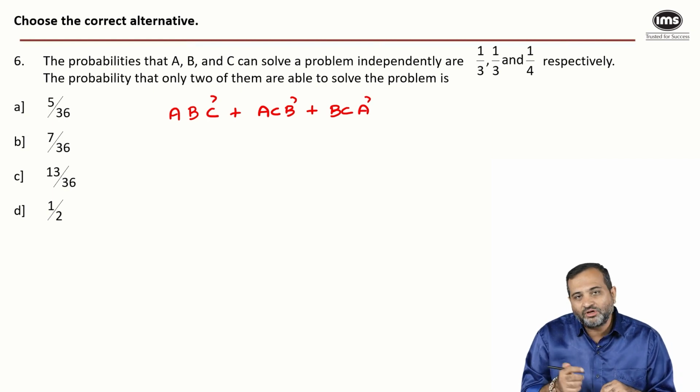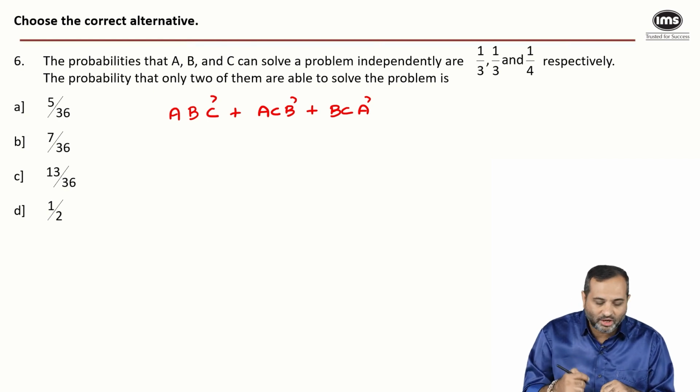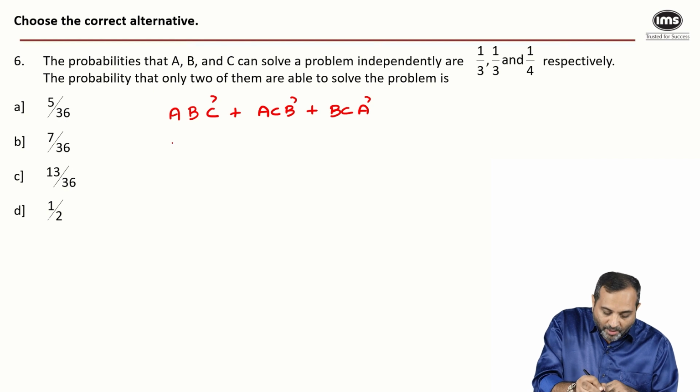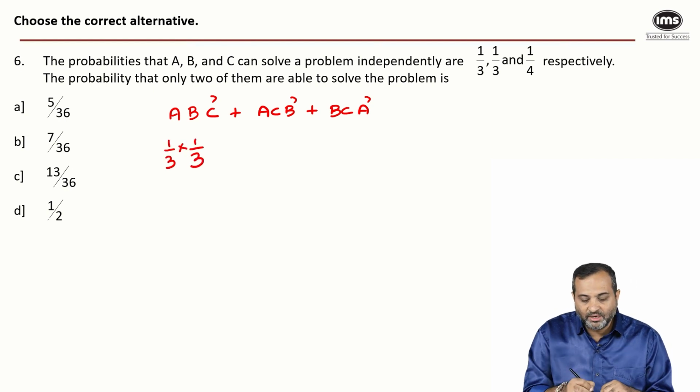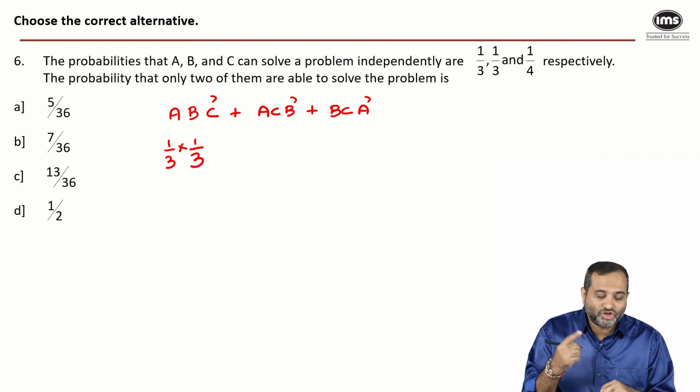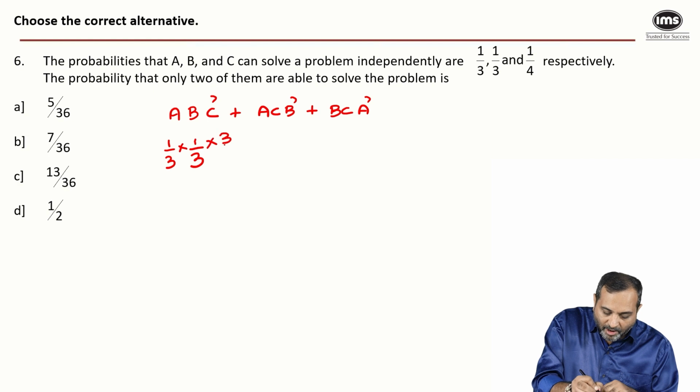Once I have listed down the three cases, just keep writing the probabilities and let's do the calculation. So A solving the problem 1 by 3, B solving the problem 1 by 3, C solving the problem is 1 by 4. So C not solving the problem will become 3 by 4.